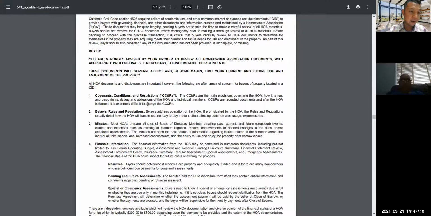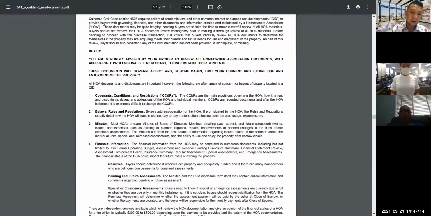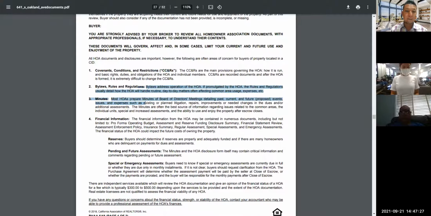I don't run the governing documentation of the HOA, and there could be certain rules they have. They could vote that there are no short-term rentals in the property, no Airbnb allowed. They could have a no pets policy. They could have quiet hours or different rules and regulations that affect the desirability of the home.